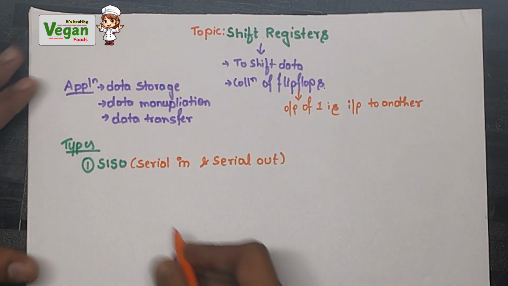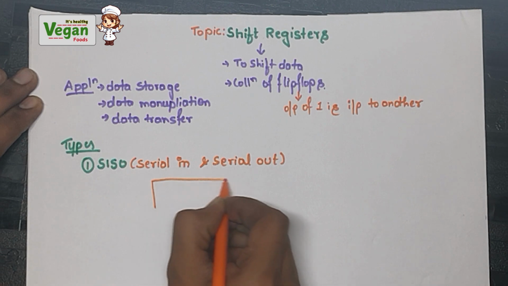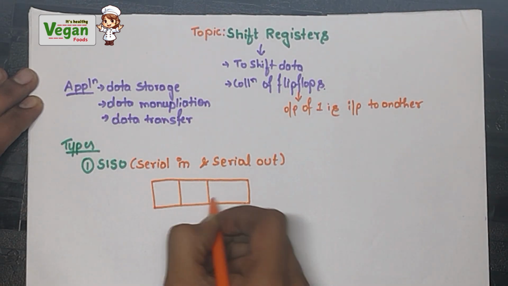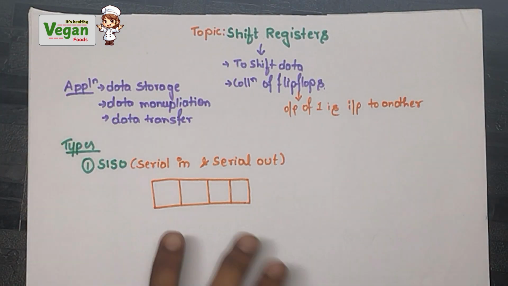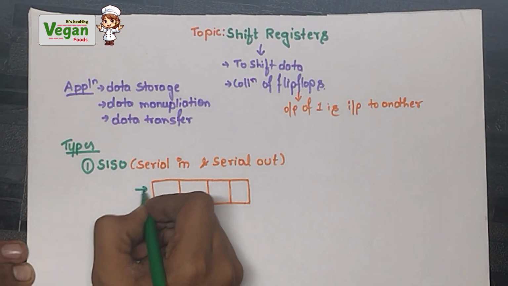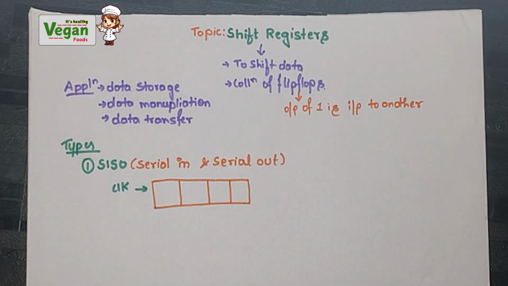How can we depict it? If I consider these are my 4 flip-flops, then we also know that in a flip-flop one common input will be there. What is that common input? Clock. Every flip-flop will have a common input called clock.